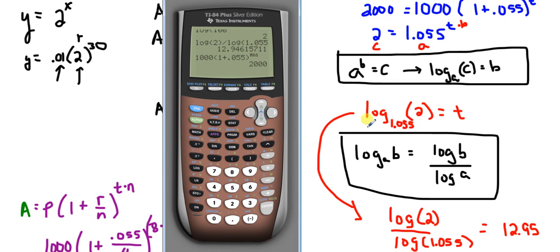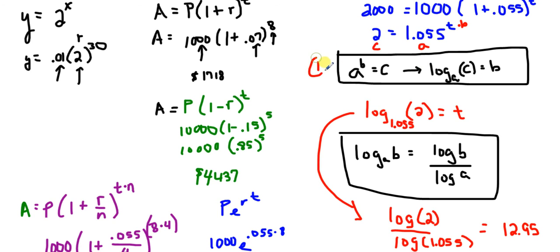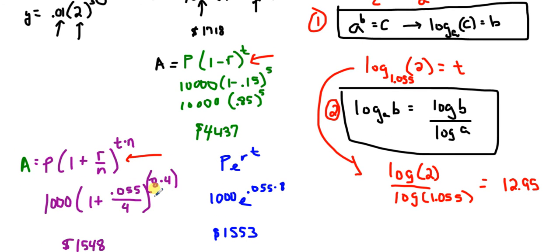All right, so that's how you use logs. It's to solve for exponents. Here are the main two formulas. I'll just call this formula number 1 and this formula number 2. That's the real gist of this whole chapter. If you can use logs when you have a problem where you need to solve for an exponent, and then you can use these different formulas: here's a simple interest, here's compound interest, which I think is the hardest one, and be really careful on this one on the calculator.